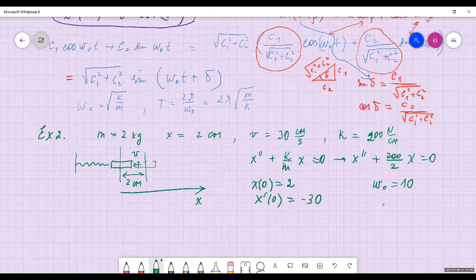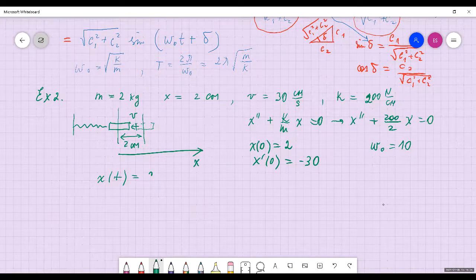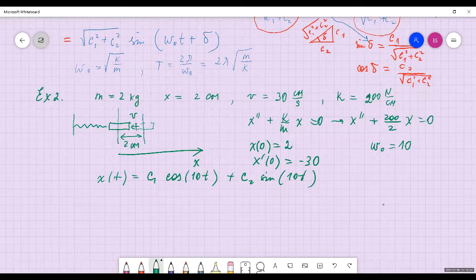So my goal is not to solve the differential equation, but to represent the answer in a certain form. So what we have, a general solution x of t is going to look like c1 cosine of 10t plus c2 sine of 10t, right? And we'll need to find c1 and c2 using our initial conditions, right?